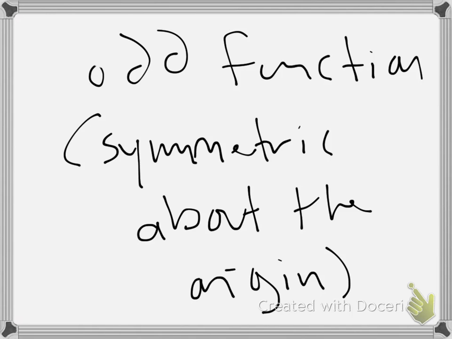And so, symmetric about the origin seems like a weird name to me, but I'll show you an example, and I really want to illustrate how this is different than when we talked about inverse functions. Okay, so let me give you an example of one. X cubed is a great example.